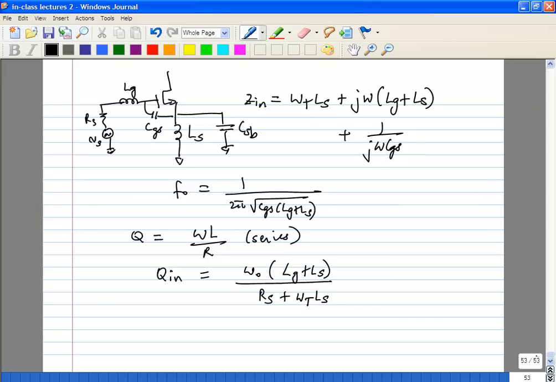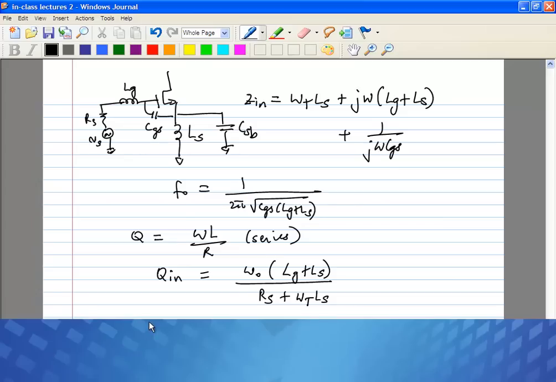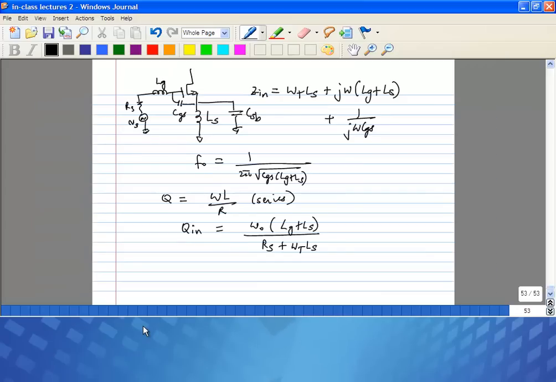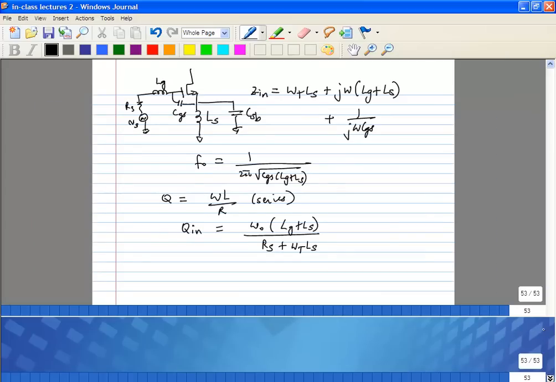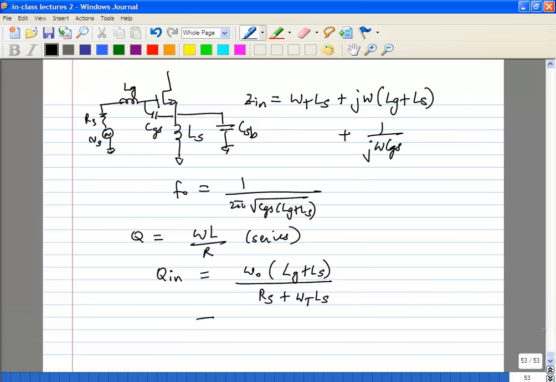Okay. Now, let's say you have a voltage V. Do you remember what the voltage across the inductor and the capacitor is? It's Q times V, right?